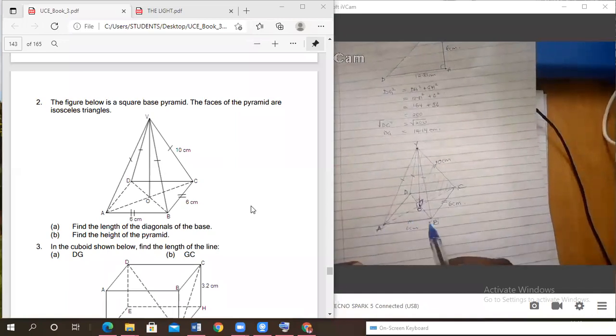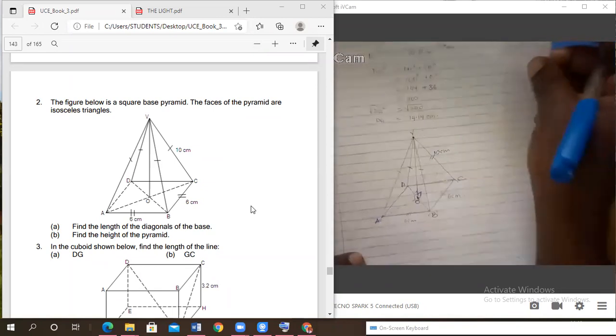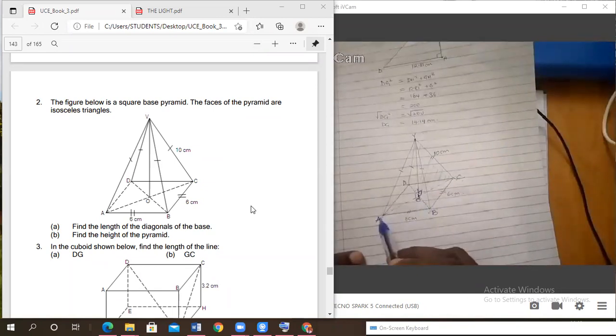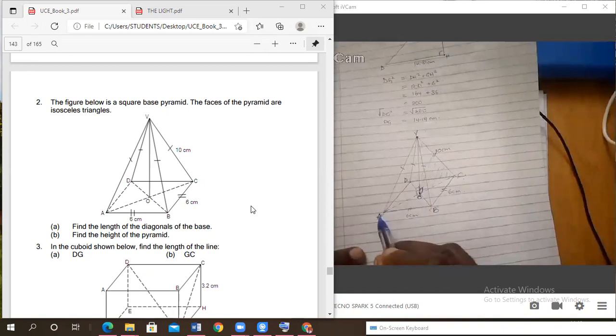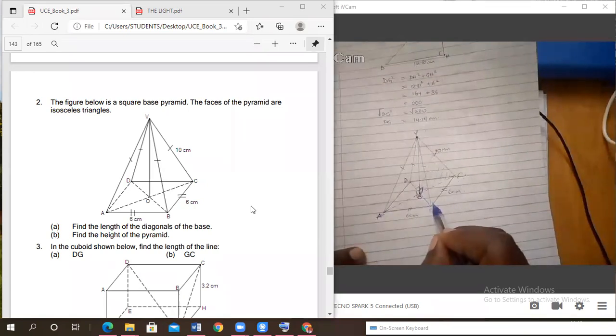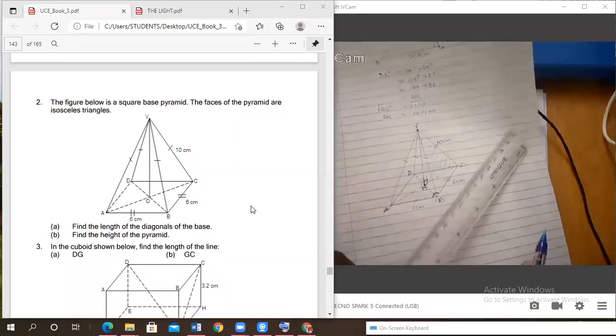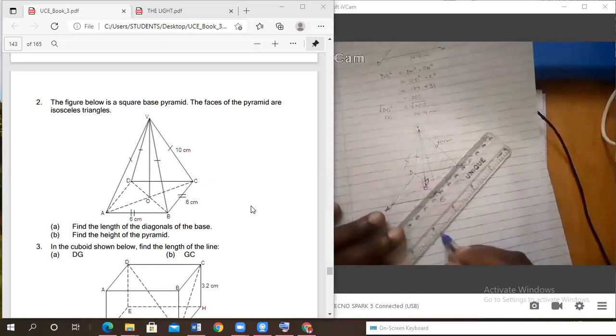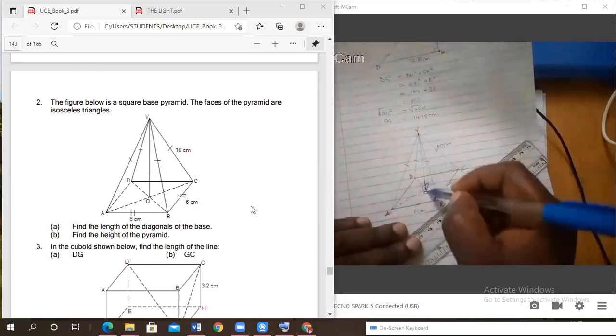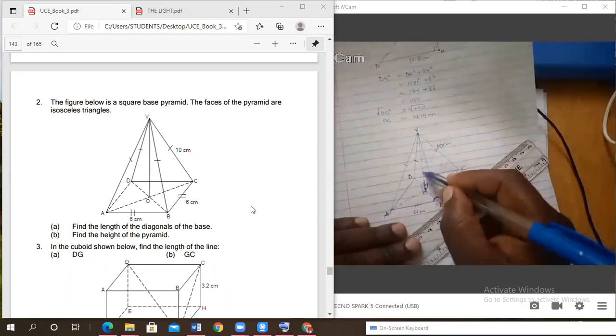They are telling us to find AC. So for us to find AC, we shall use triangle ABC, because at B it is 90 degrees. So we are going to extract out that triangle ABC, and we use that. We shall not use this one. We shall use this one when we are finding the height.